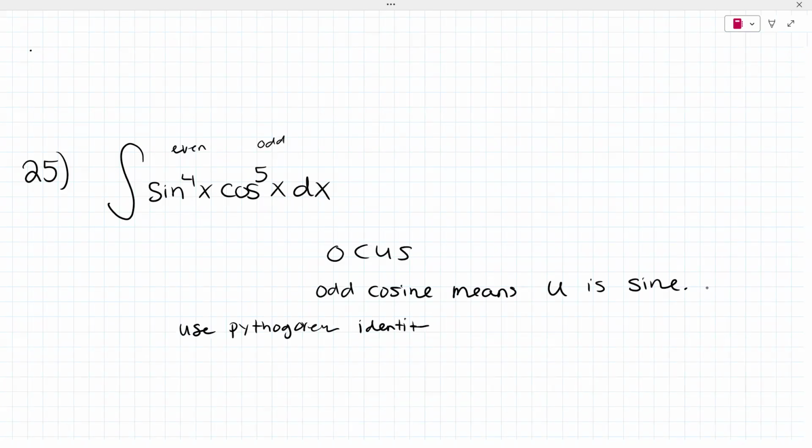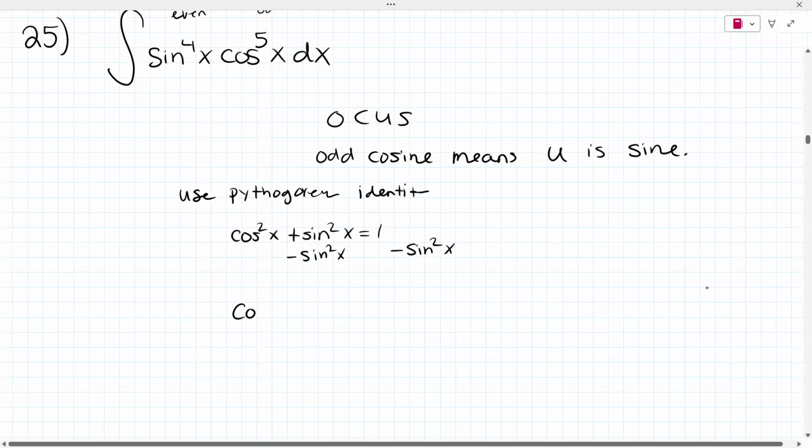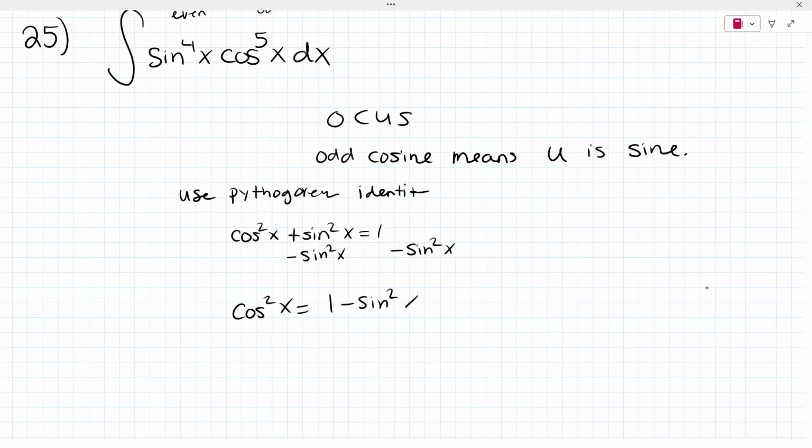One of your Pythagorean identities is cosine square of x plus sine square of x equals 1. And if you want to solve for cosine square x, you subtract sine square of x. You have cosine square of x equals 1 minus sine square of x.